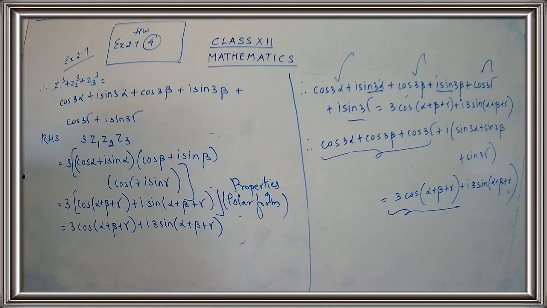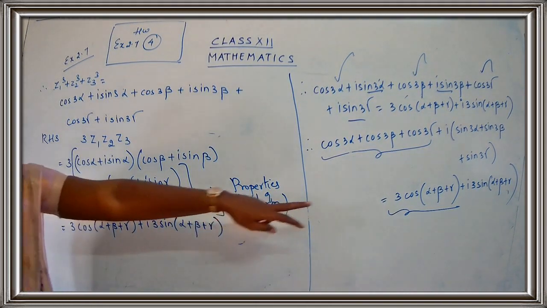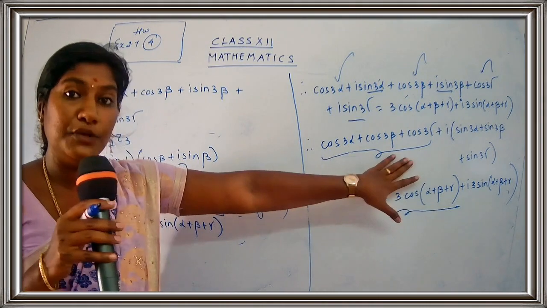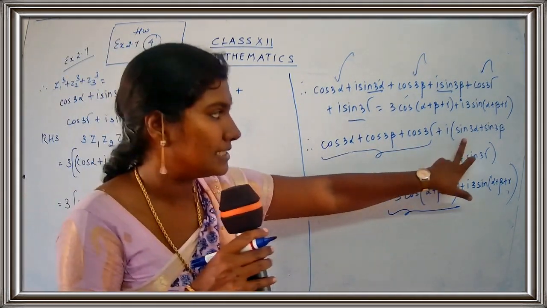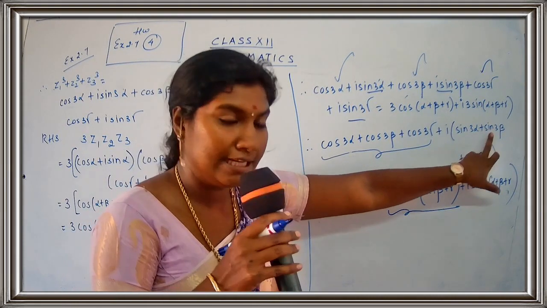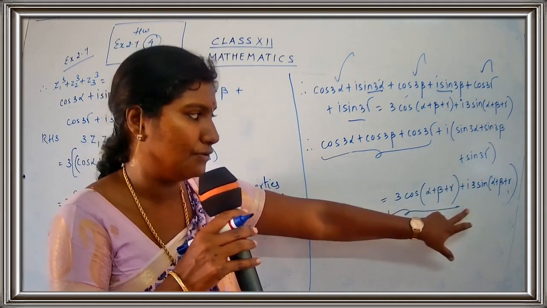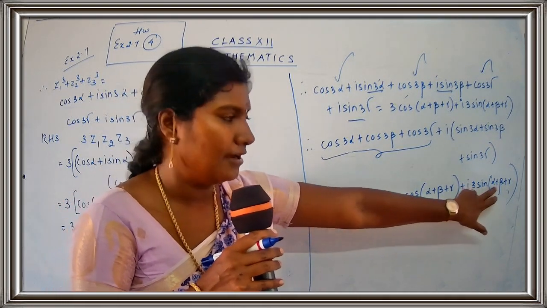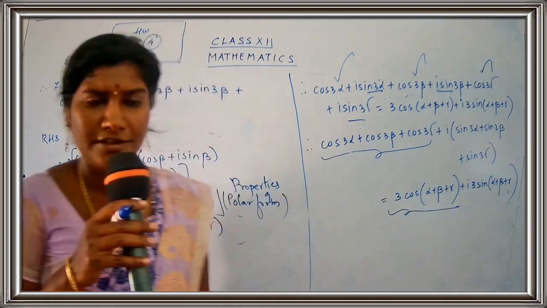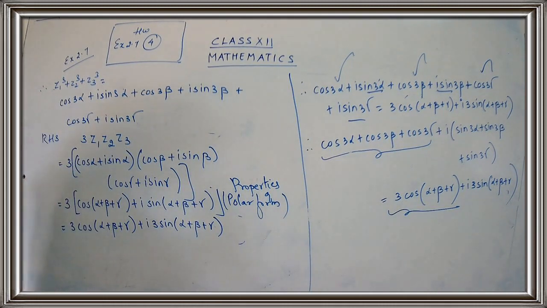So cos 3 alpha plus cos 3 beta plus cos 3 gamma is equal to 3 cos alpha plus beta plus gamma if I equate the real part. And if I equate the imaginary part, I'll get sin 3 alpha plus sin 3 beta plus sin 3 gamma is equal to, just do not consider the i, leave i, you get 3 sin alpha plus beta plus gamma. That's all. Okay, children? Let's complete our answer. Write down.